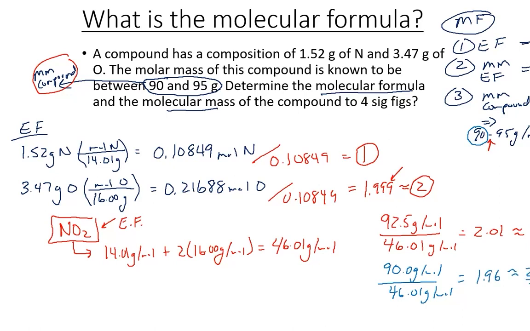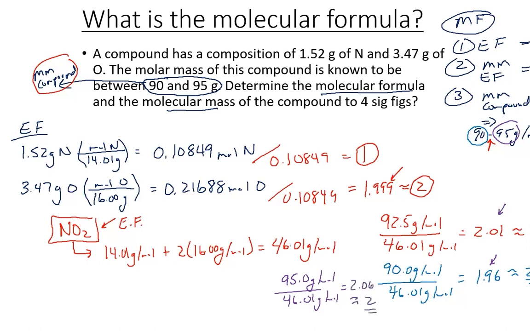You could also have chosen the higher end of the range, which is 95 grams per mole. So let's just do it here while we've got a little bit of space. 95 grams per mole divided by 46.01 grams per mole also gets us a factor of 2.06, which once again is close enough to round to 2.